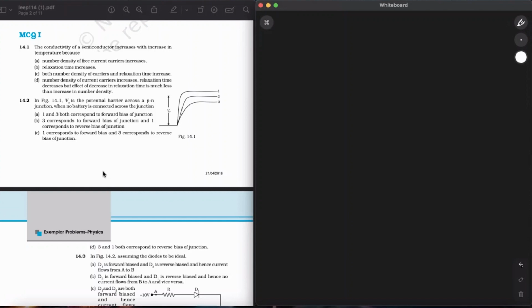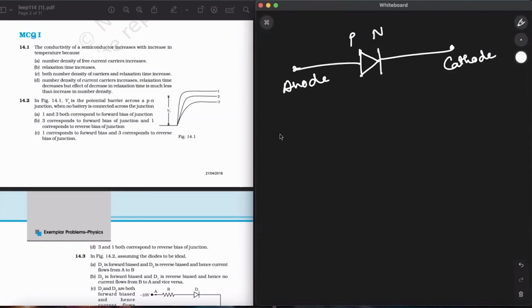So the key concept behind this is, in a PN junction diode, a P-type semiconductor is suitably joined to an N-type semiconductor, and that arrangement is the PN junction diode. What is the depletion region in this? I'll just draw it over here. P and N. This is the anode and this is the cathode.